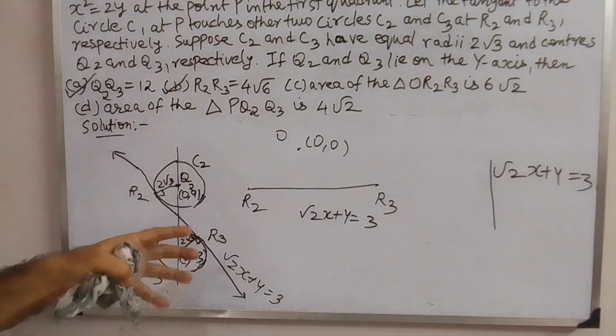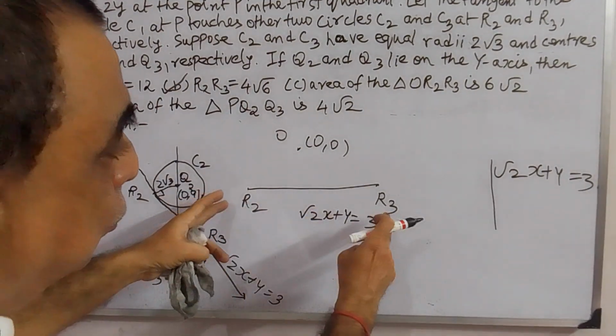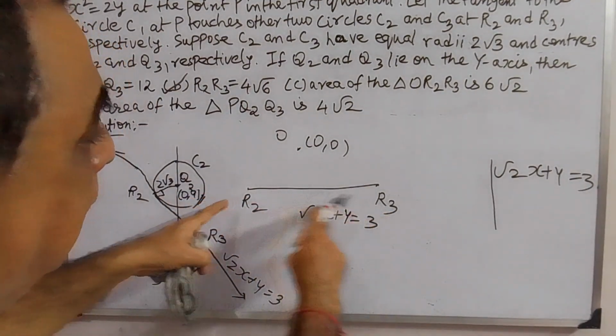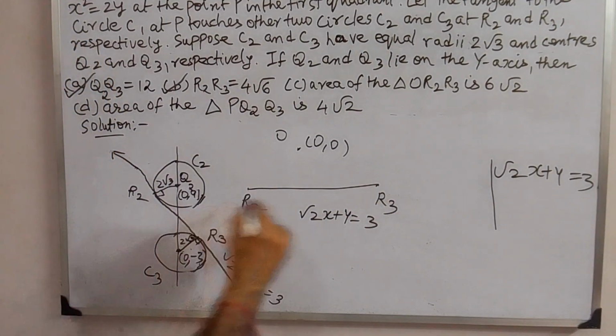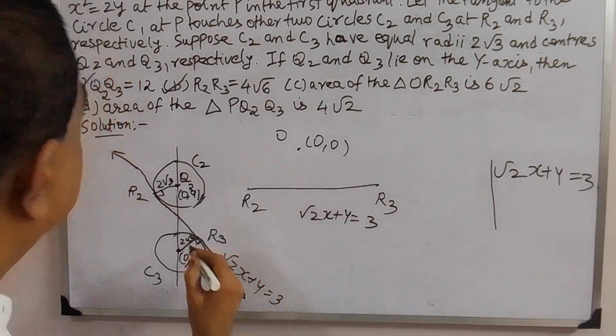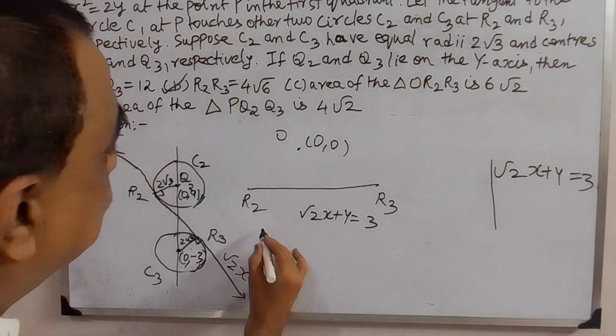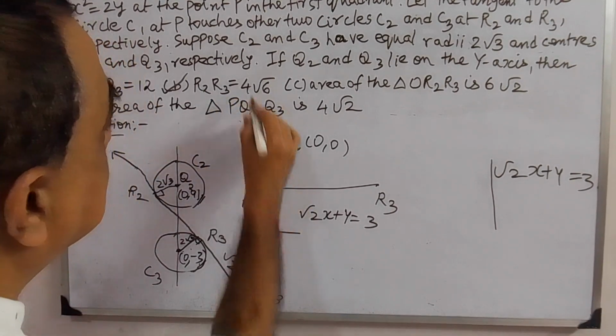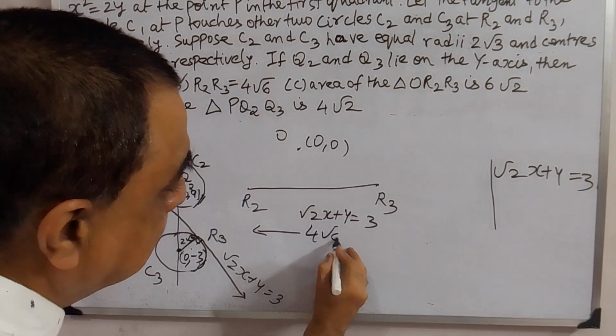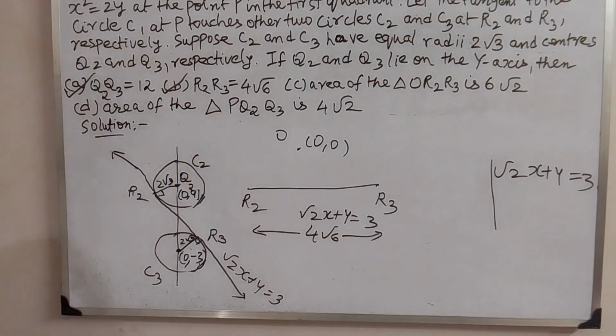So this is the equation of the line R2R3. The length of R2R3 we found in option B is 4 root 6.